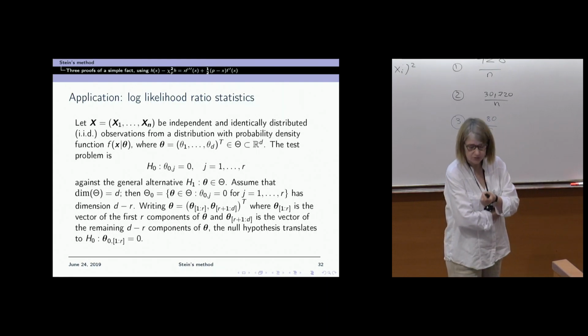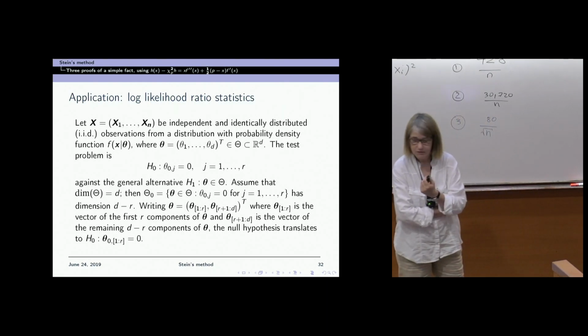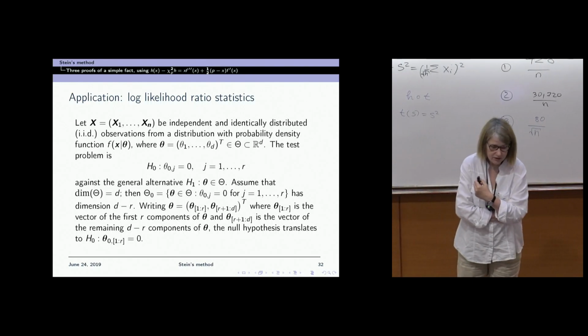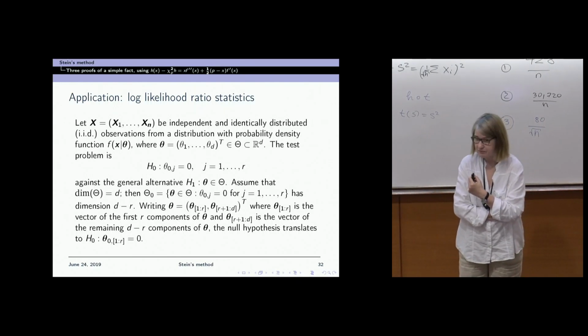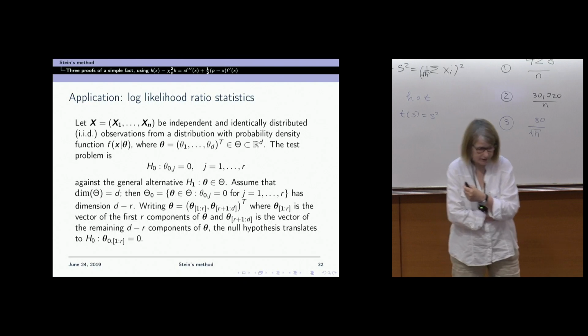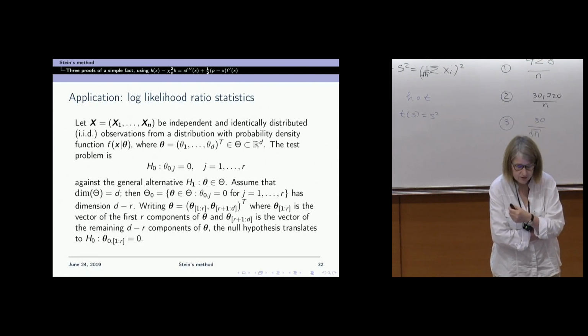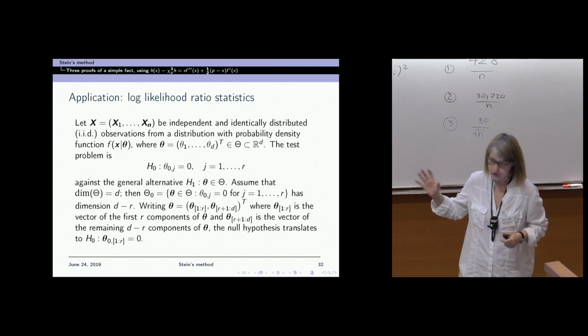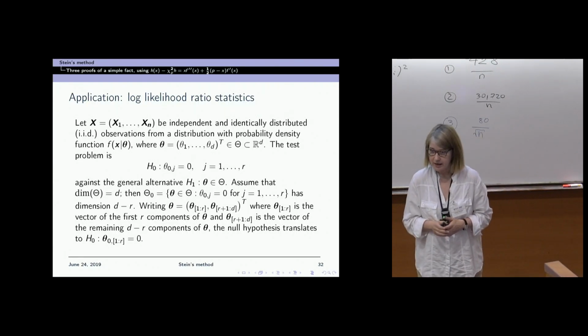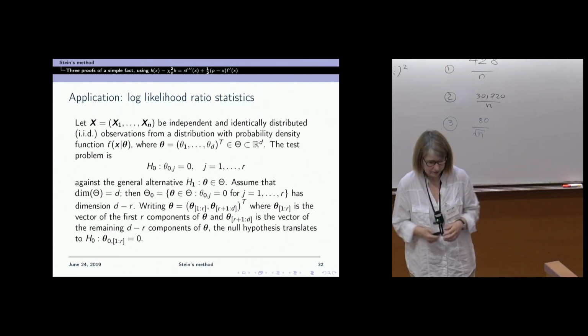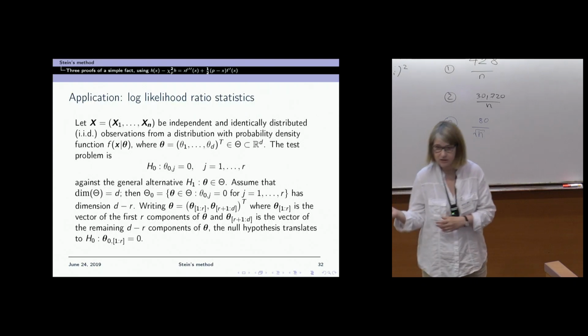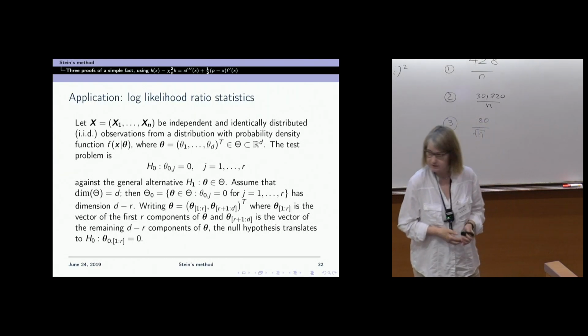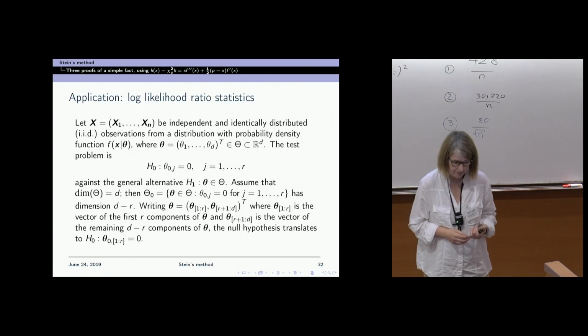Assume it's got a smooth probability density function which depends on a parameter theta, which sits in R^d. It's a d-dimensional parameter vector. And we want to test the null hypothesis that theta is 0 on the first r elements of the theta vector against the general alternative that theta is in the parameter space.